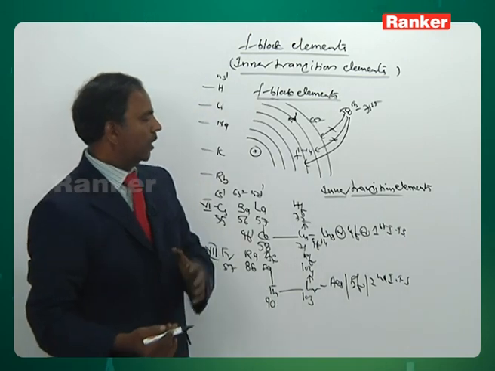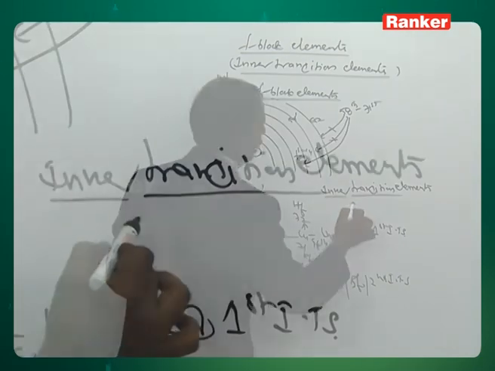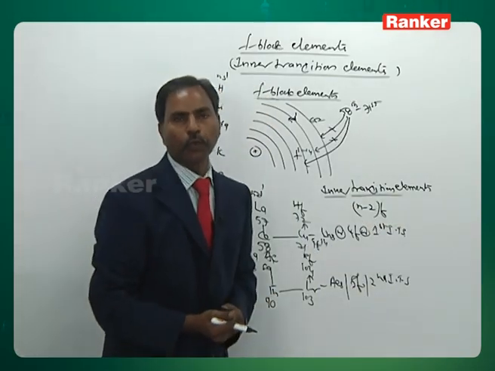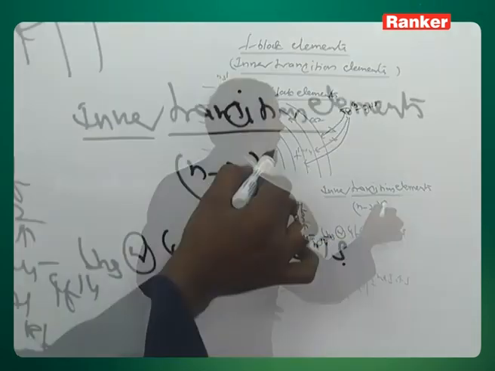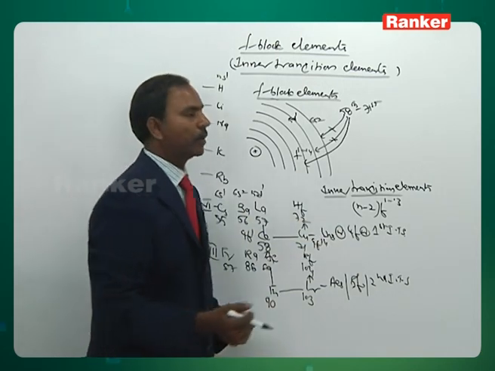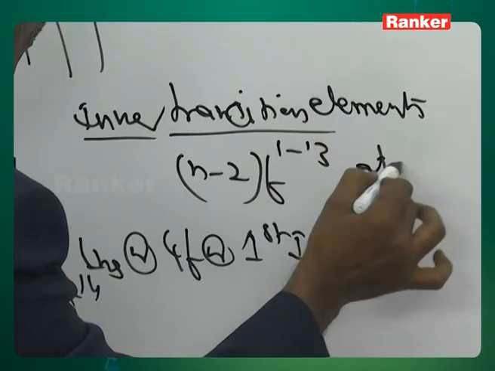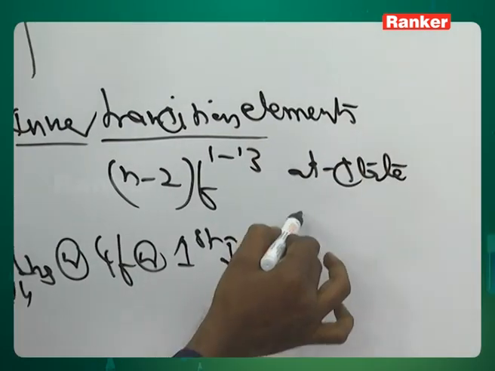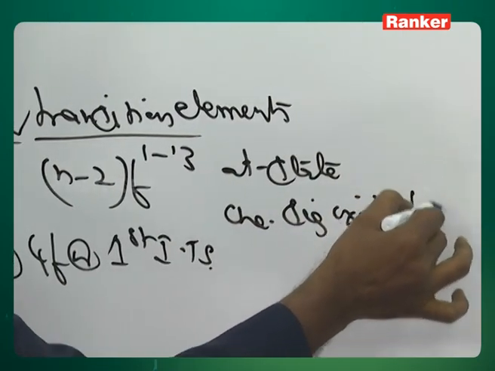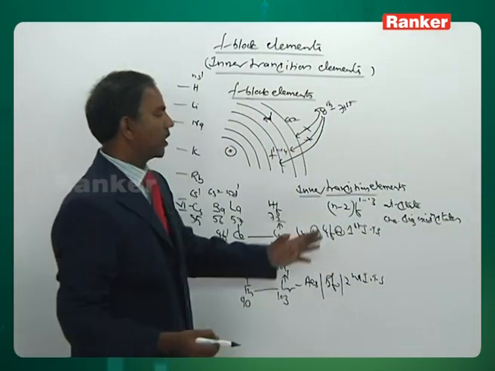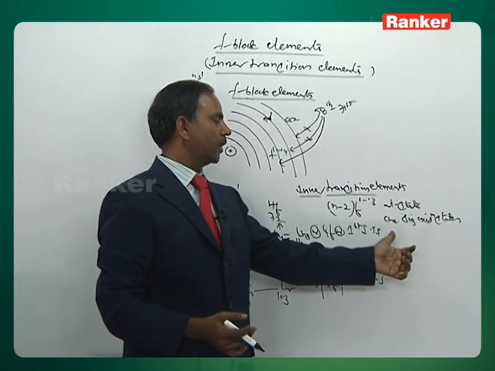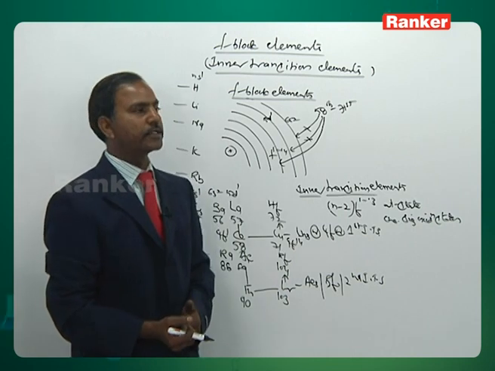Now, the elements which are carrying incompletely filled n-2 f orbitals, let me say 1 to 13, either in their atomic state or in their chemically significant oxidation states, are known as what?